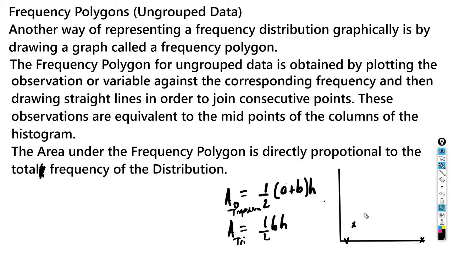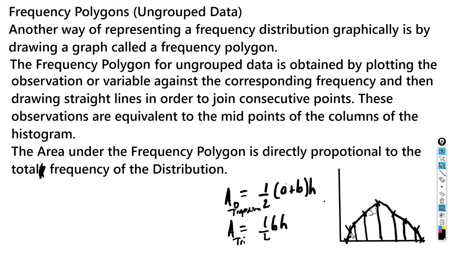So the midpoints, and then we connect the points, and after we connect these points, we have to find the areas. Pretty simple, guys. But don't worry, we're going to do an example to explain what I mean.